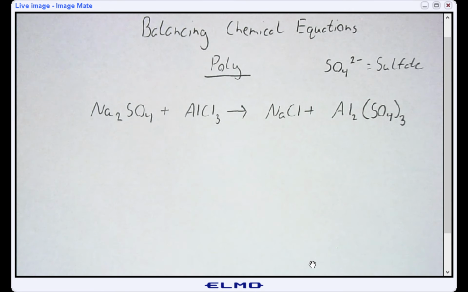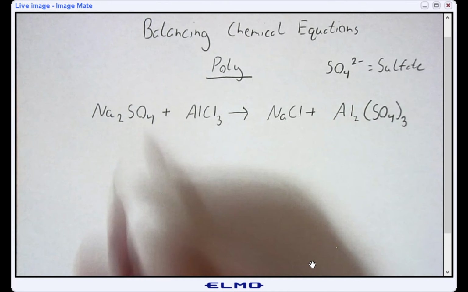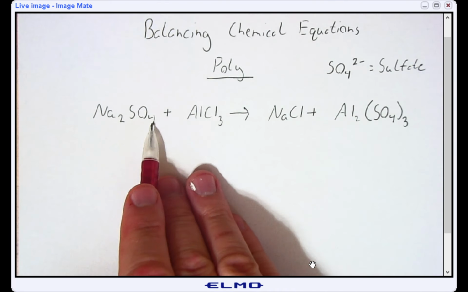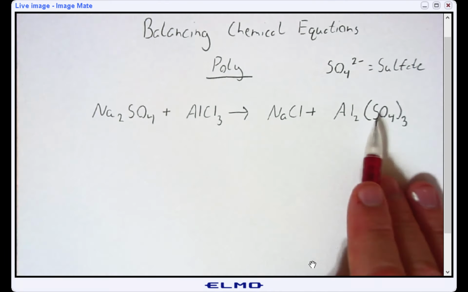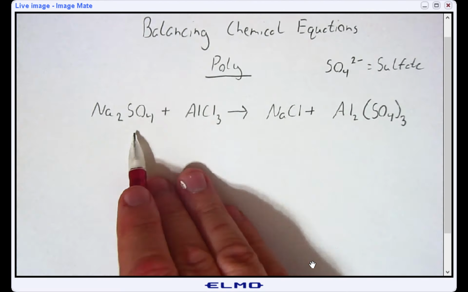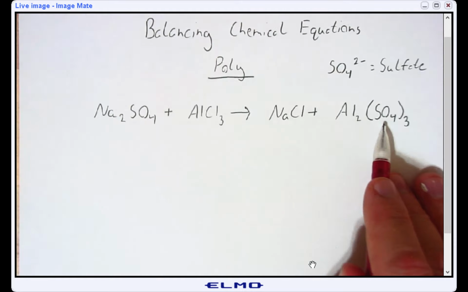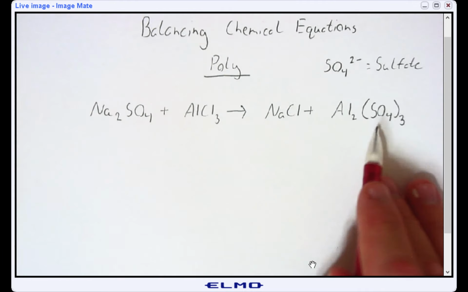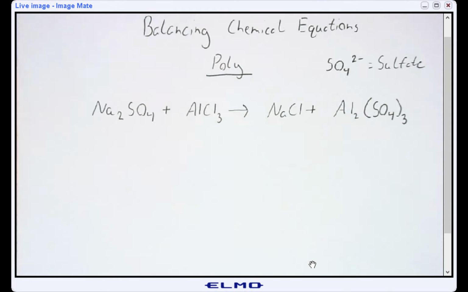We don't want to separate them. Here I have SO4, and over here I have another SO4. Here we have a sulfate, and over here we have some sulfates. Because there are sulfates on both sides, it makes it much easier to keep the polyatomic ion together. Don't break it apart.